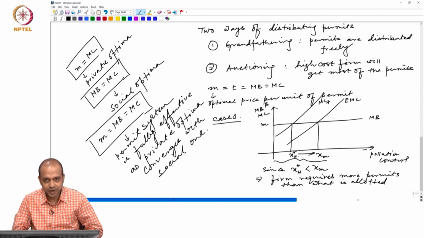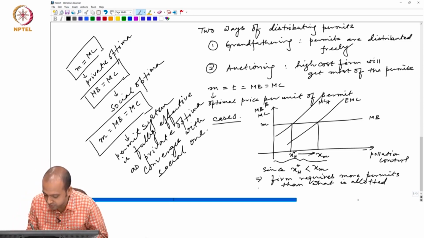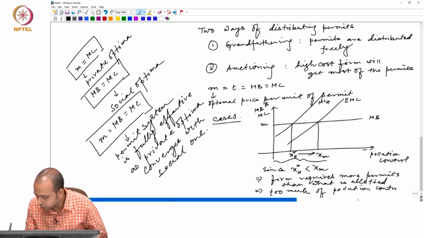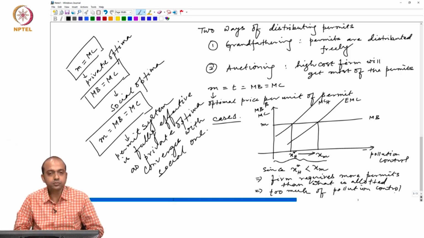So, we are asking the firm for too much pollution control. So, this will result in too much pollution control.